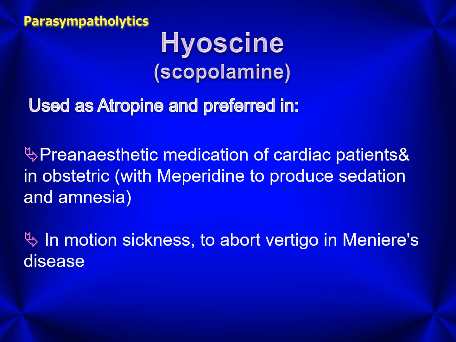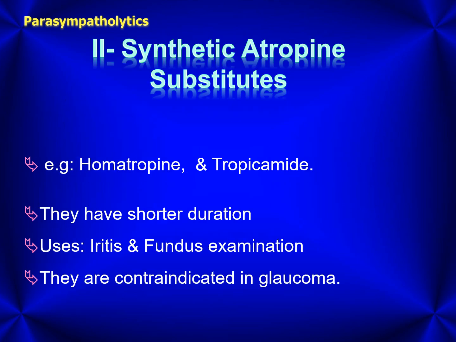It is used in motion sickness and to decrease vertigo in Meniere's disease. It could be used as an antispasmodic in treatment of colics and in treatment of ulcer. It is contraindicated, of course, in glaucoma and urinary retention.